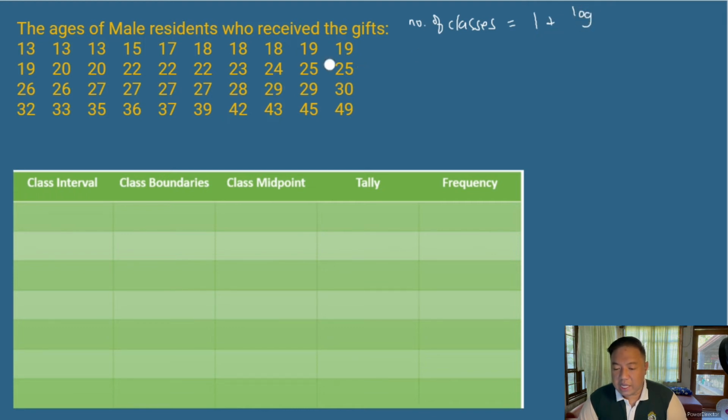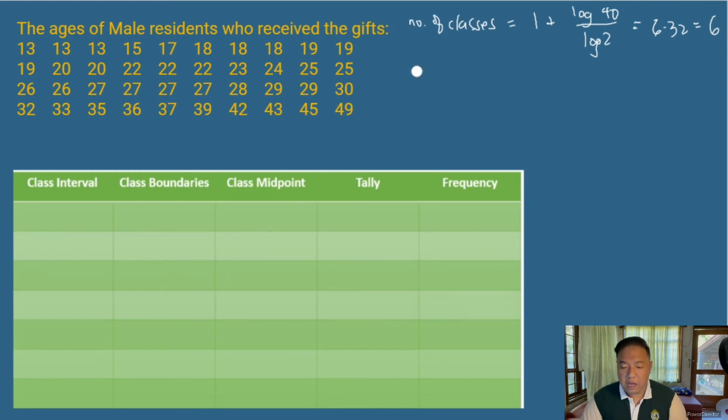So 40 is the given, all over logarithm of 2. And that will give us an answer of 6.32, or simply 6. 6 will be our answer.